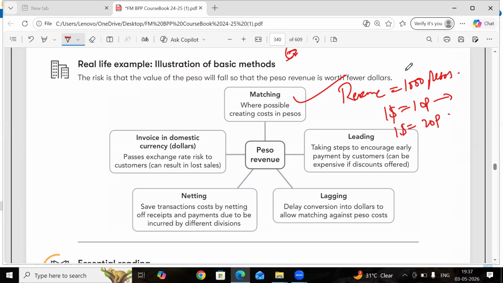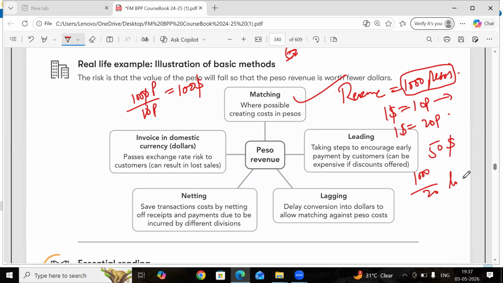So today, 1,000 pesos is giving you how many dollars? $100. And if it is 20 pesos, $50. 1,000 by 20. There's a loss. Loss of how much? 50 dollars.